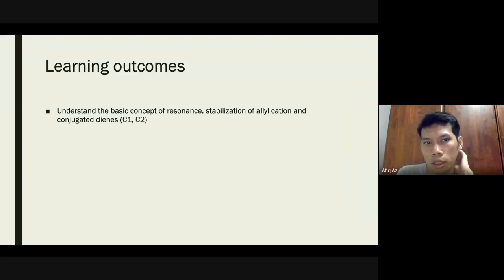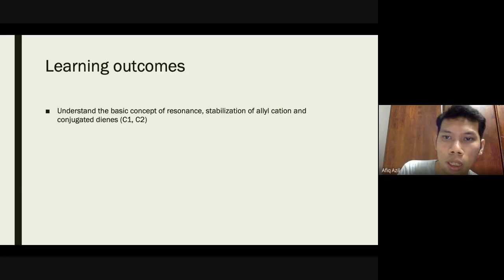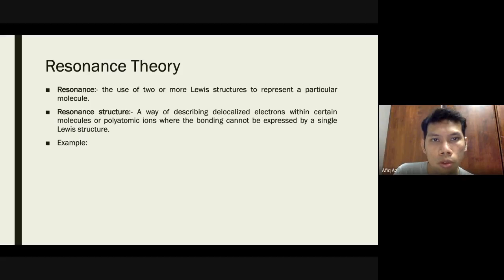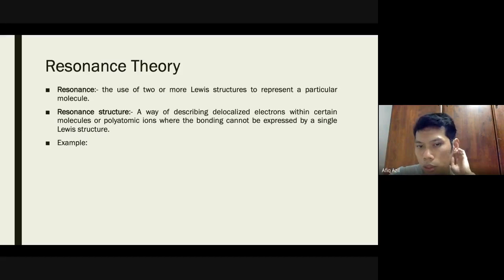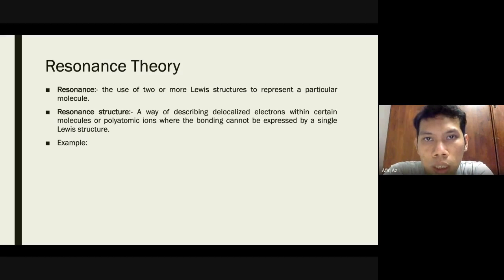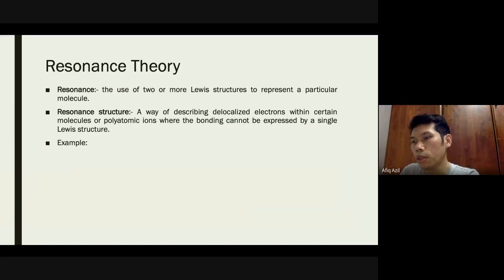Okay, the learning outcome: you should understand the basic concept of resonance, stabilization of allyl ion and conjugated diene and so on. So what is resonance? These are the definitions or terms that you have to know. Resonance is the use of two or more Lewis structures to represent a particular molecule.